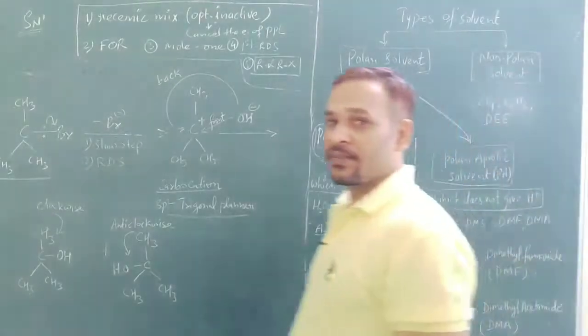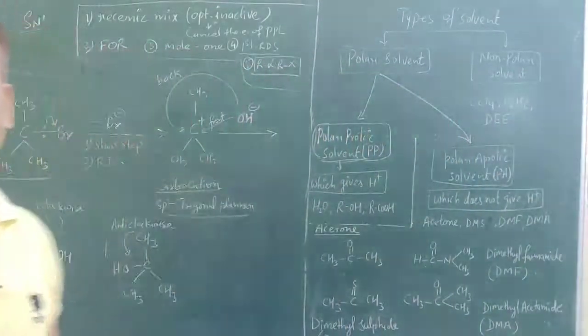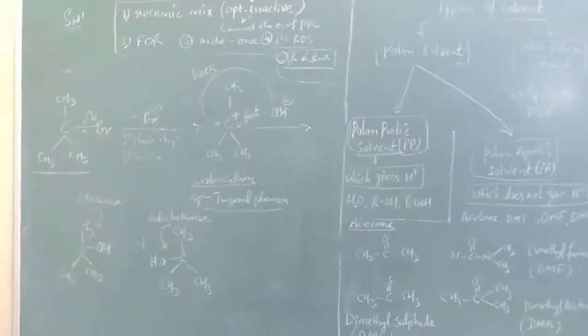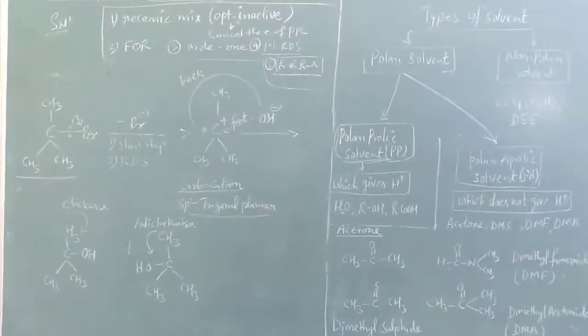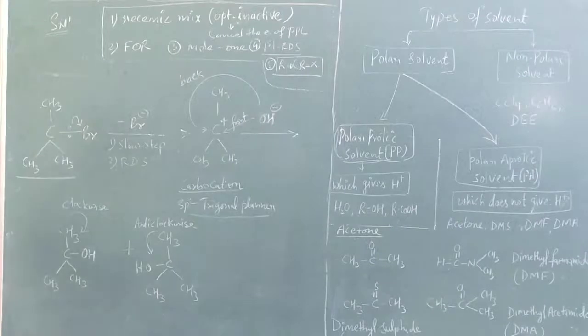Now come to the main part of this reaction, that is SN1 reaction. Now in SN1 reaction, what is happening? We have taken the example of tertiary butyl bromide. Tertiary carbon is there, three carbons are attached. This carbon is attached with three other carbons from three sides.